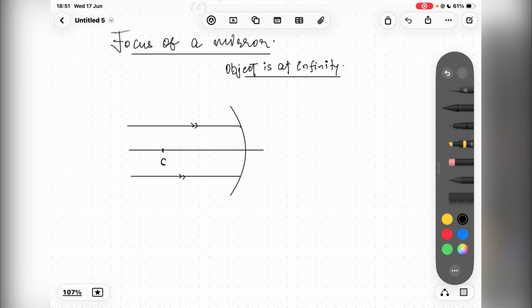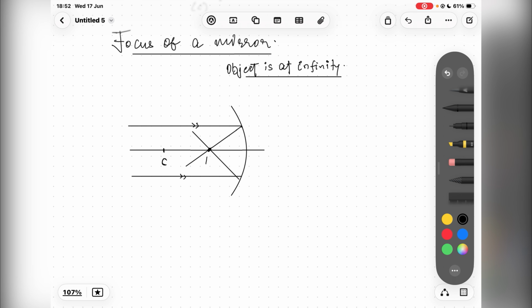Now, after converging, the point on the principal axis where the reflected rays will meet is called the focus of the mirror, and the distance between pole and focus is called the focal length.